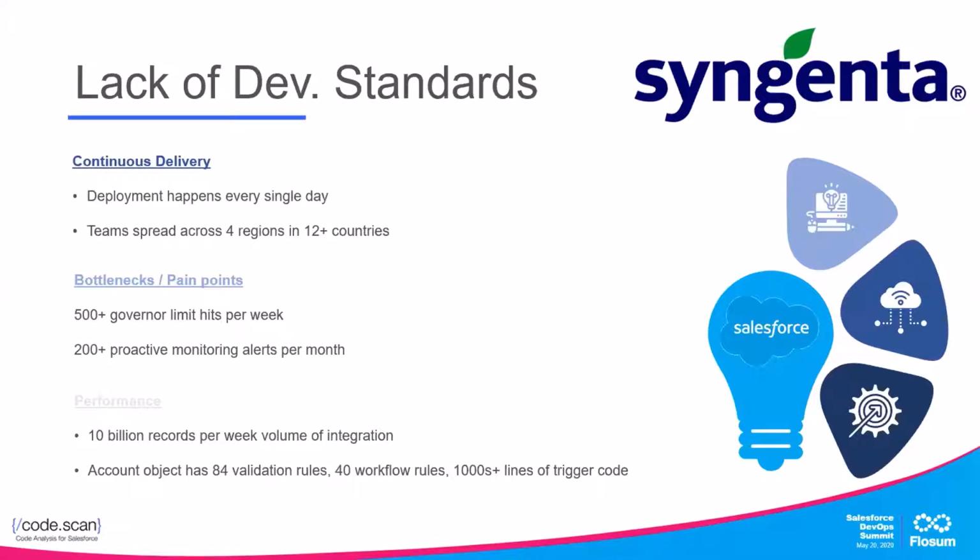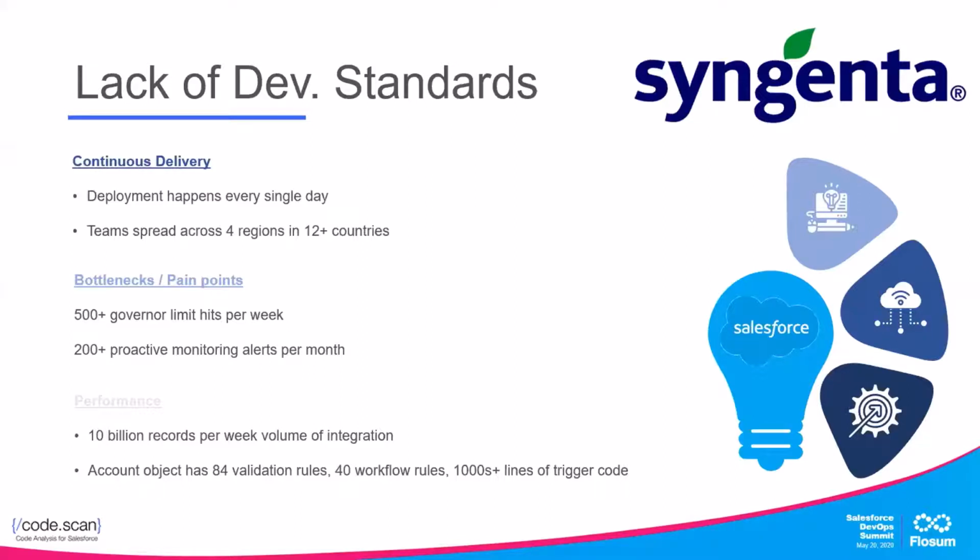As far as performance, we have 10 billion records exchanged between Salesforce and other systems every week through our integration platforms. We have multiple integration platforms: MuleSoft, Informatica Cloud, SAP PO, and so on. All of these systems push and pull close to 10 plus billion records.